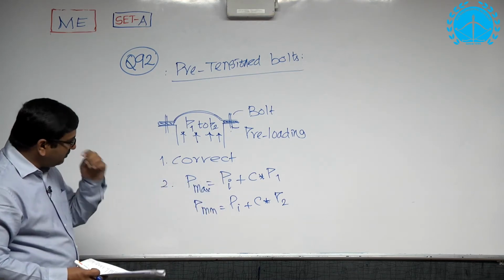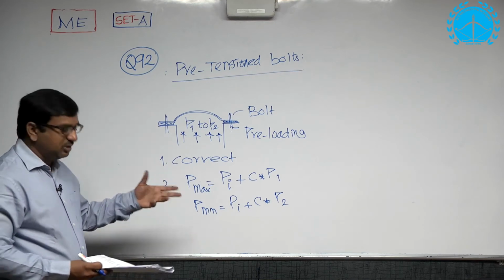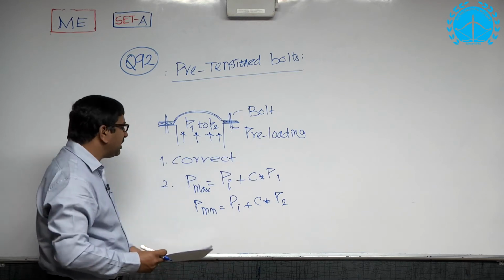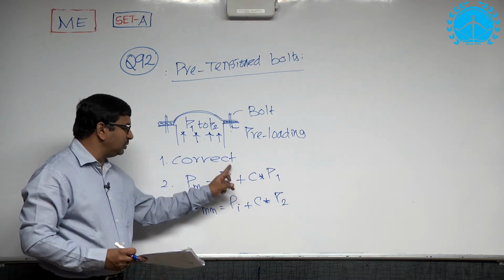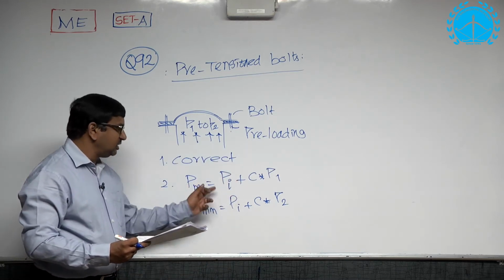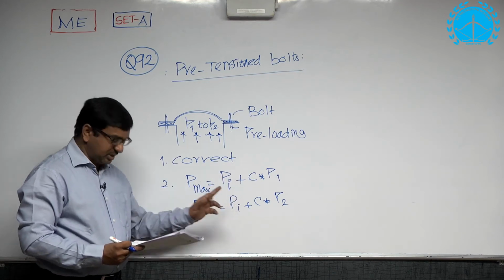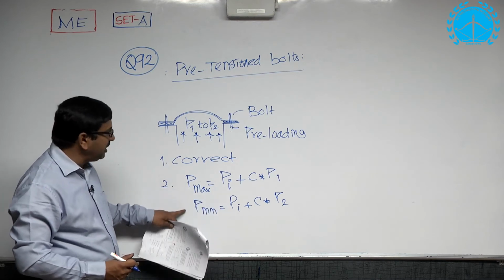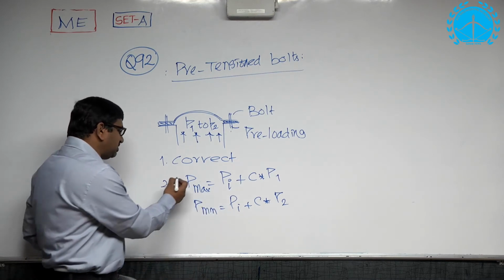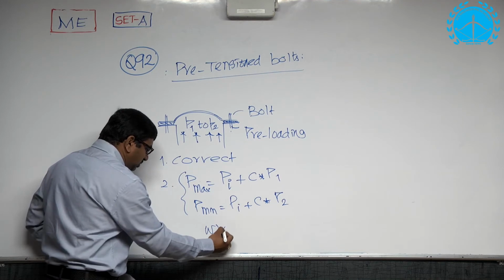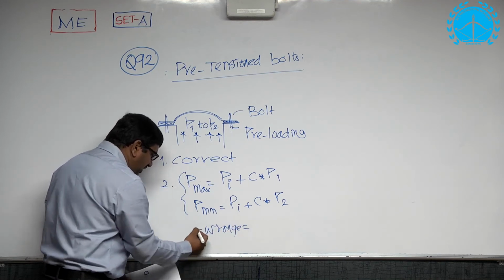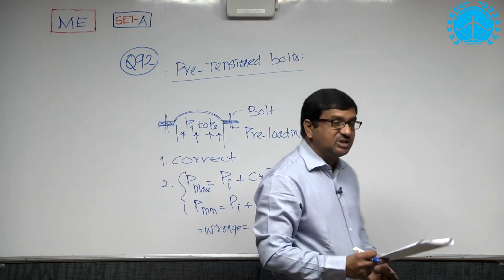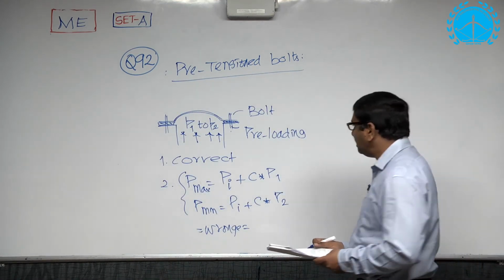Now if there is no gasket or no pre-tensioning, this will not avoid it, but under no circumstances will this value reduce; it actually increases the load. So the maximum load will be increased, which makes this the wrong statement. The maximum load will not decrease, so saying pre-tensioning reduces the maximum tensile stress in the bolts is wrong.